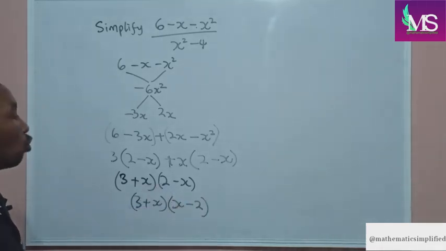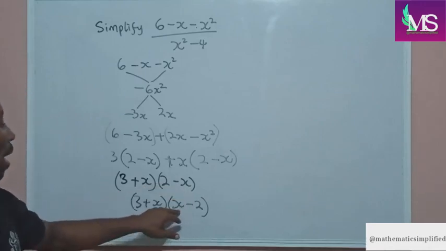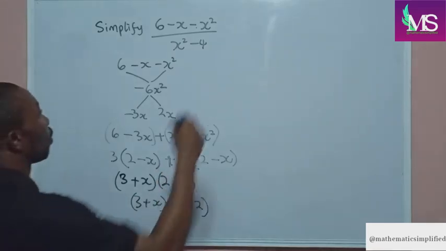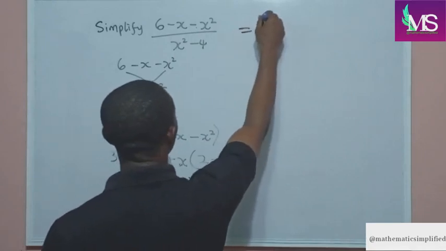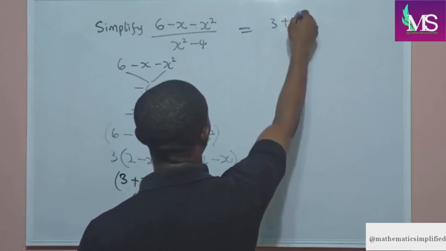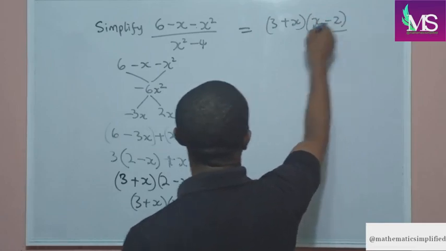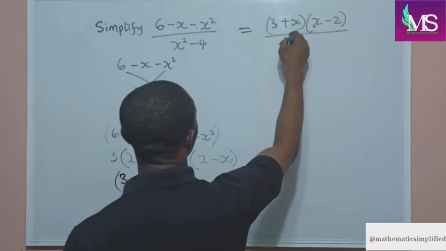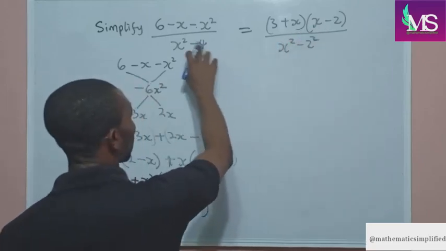When we multiply through, we'll multiply this with a minus to keep our x positive. Now, substituting this value for this, we have 3 plus x and x minus 2 all over x squared minus 2 squared. Now, 2 times 2 will give us 4.